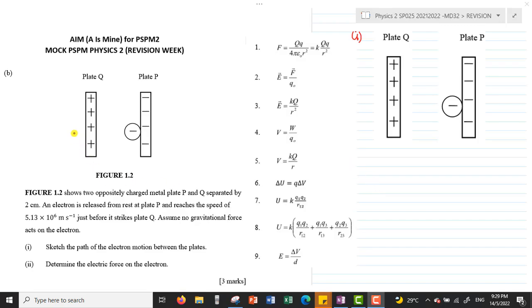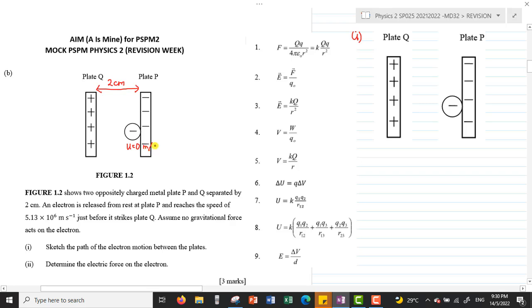Then we move on to question B. We are given figure 1.2 showing two opposite charge metal plate P and Q separate by 2 cm. So an electron is released from rest at plate P. Initially the speed of the electron is 0.